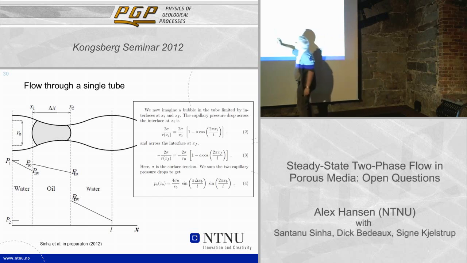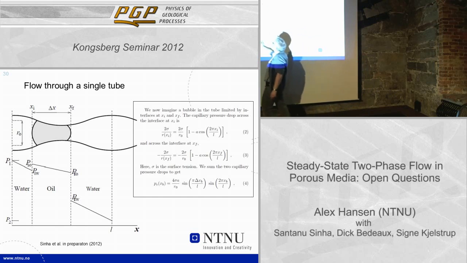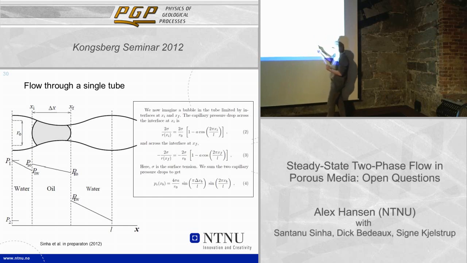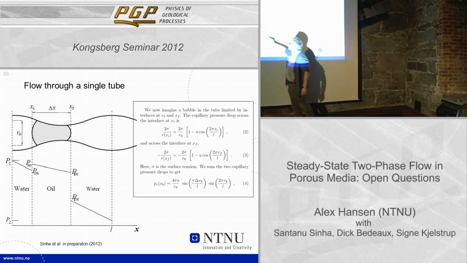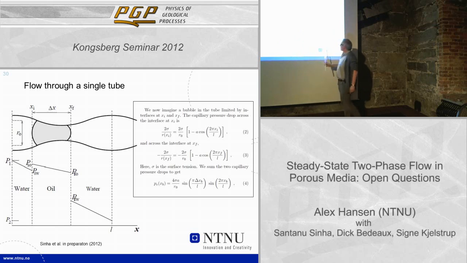And you can identify the central mass of this bubble, and that is the coordinate I call xb here, and that's basically the total pressure drop across the bubble. It drops here and goes back again here as a function of where it sits. So it's just a sine function. Okay.